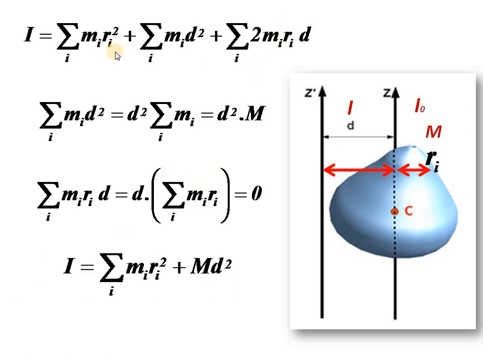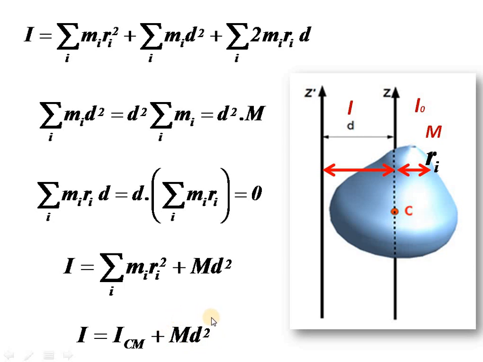Now again rewrite the equation. What do we get? I equals the summation of mi ri square, which is already there, plus M d square. The summation of mi ri square is nothing but the moment of inertia of the body with respect to the center of mass axis, and M d square is written in the same way.